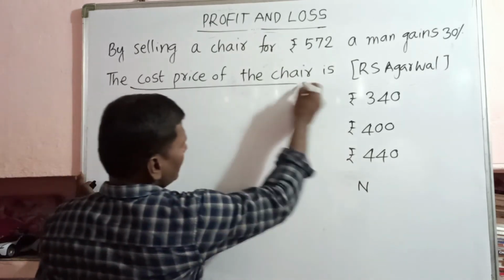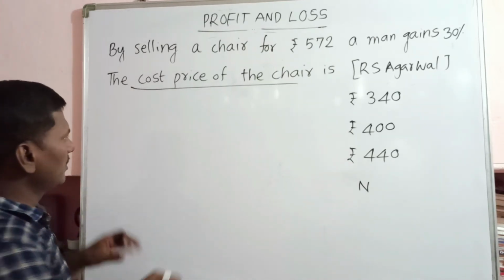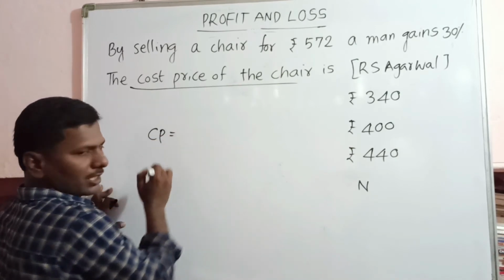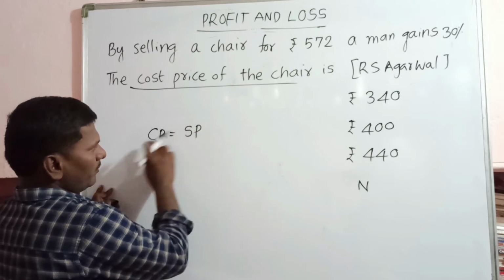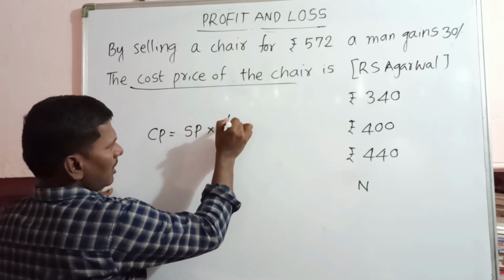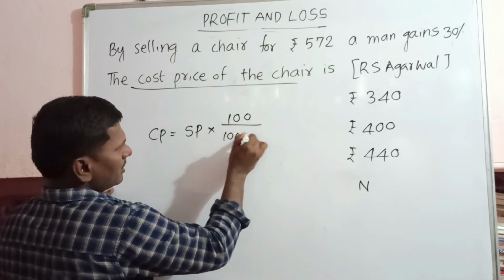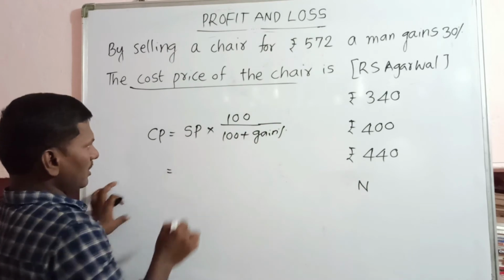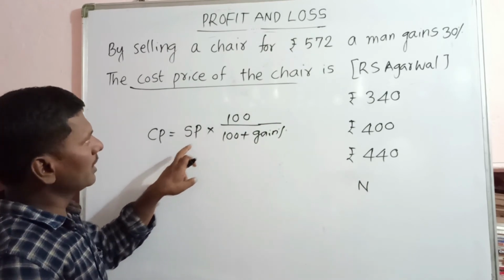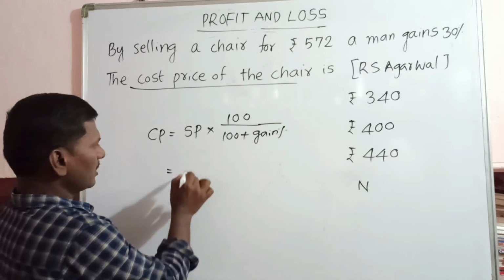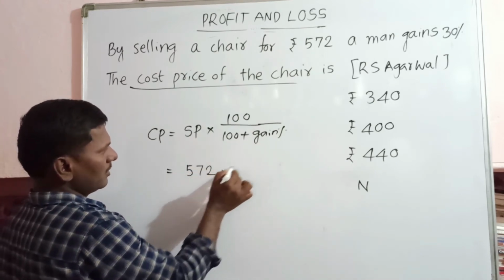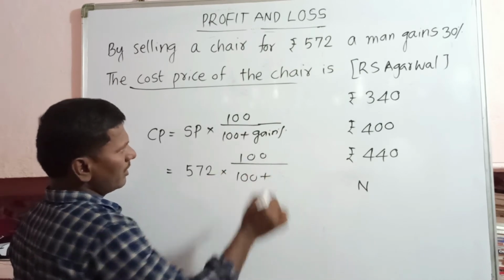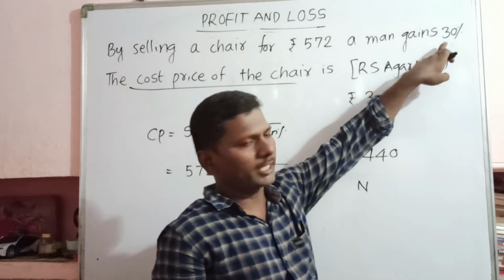Here we have to calculate the cost price of the chair. I told you, to find cost price we use that formula: CP is equal to SP into 100 by 100 plus percentage of gain. SP is given in the problem, that is 572. So I am writing 572 here. 100, again 100 as it is, plus percentage of gain, that is given 30%.